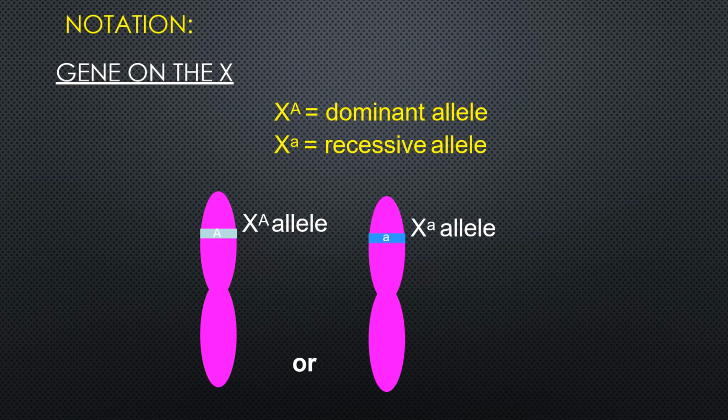So the way we denote genes that are sex-linked is if it is a dominant allele, we would put the X with a capital A, that indicates that it is sex-linked on the X chromosome. If it is a recessive allele, then we have the X with the lowercase a.